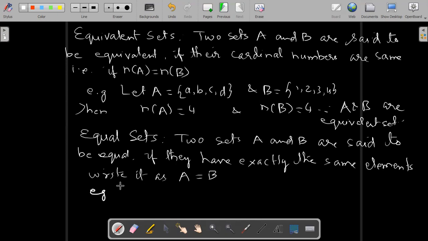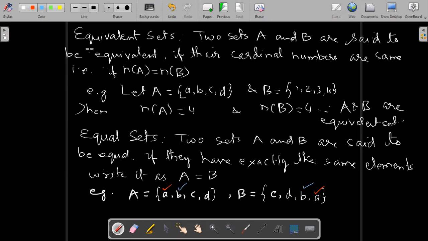For example, suppose A is a set of elements a, b, c, and you are given another set B whose elements are c, d, b, and a. So you have to check: a is here, okay; b is also here.